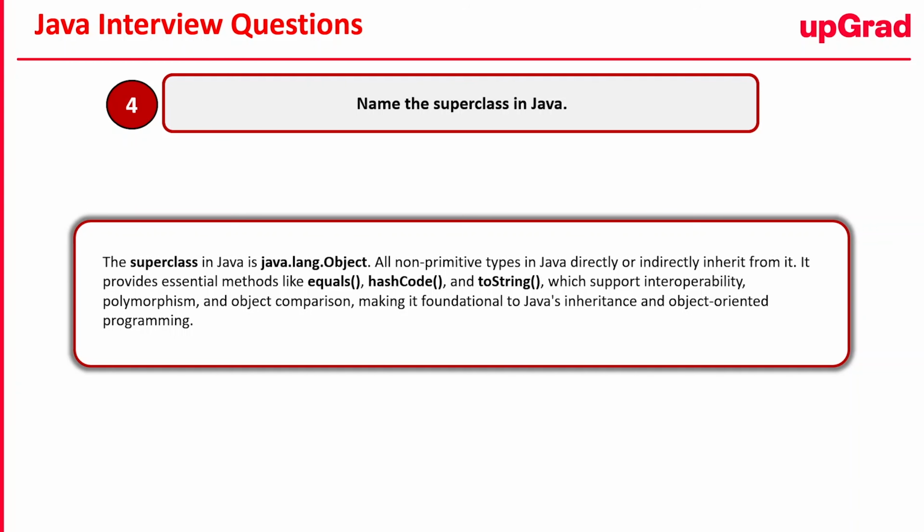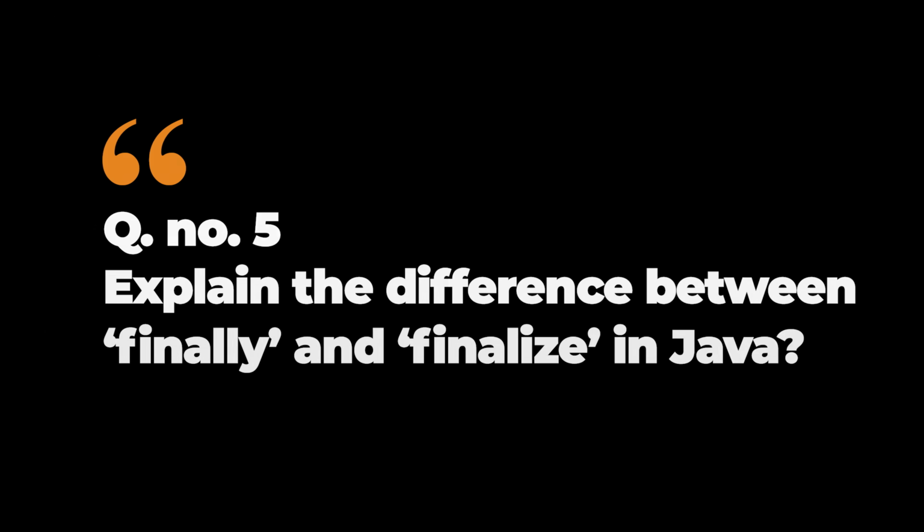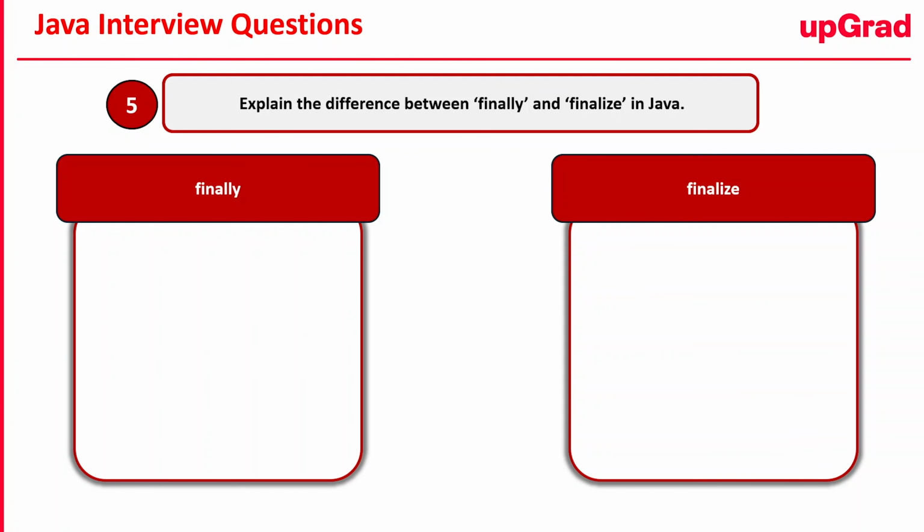Now let's move on to the fifth question, which is: explain the difference between finally and finalize in Java. When you're asked about the difference in an interview, you can explain it like this. First, finally is used for exception handling, whereas finalize is a protected method of java.lang.Object. Second, finally is used as a block and finalize is a method.